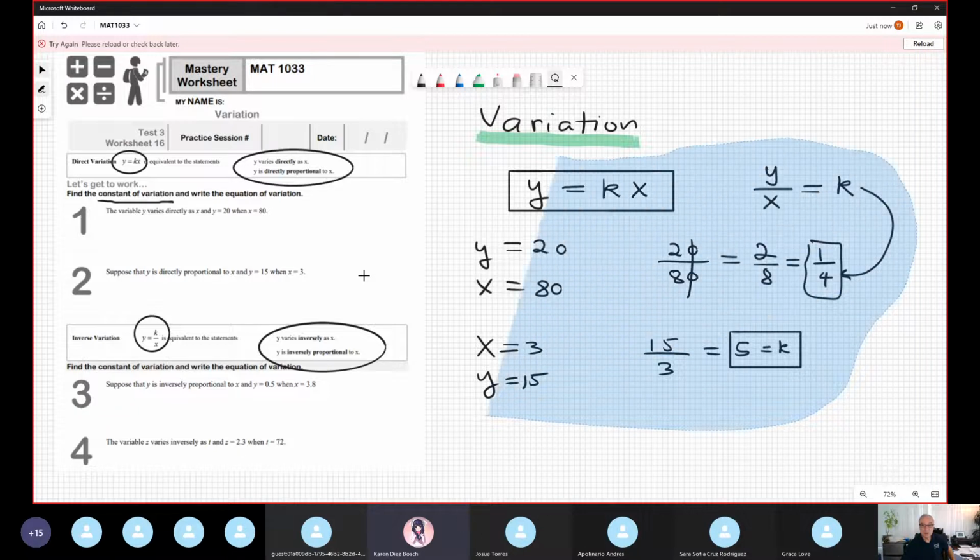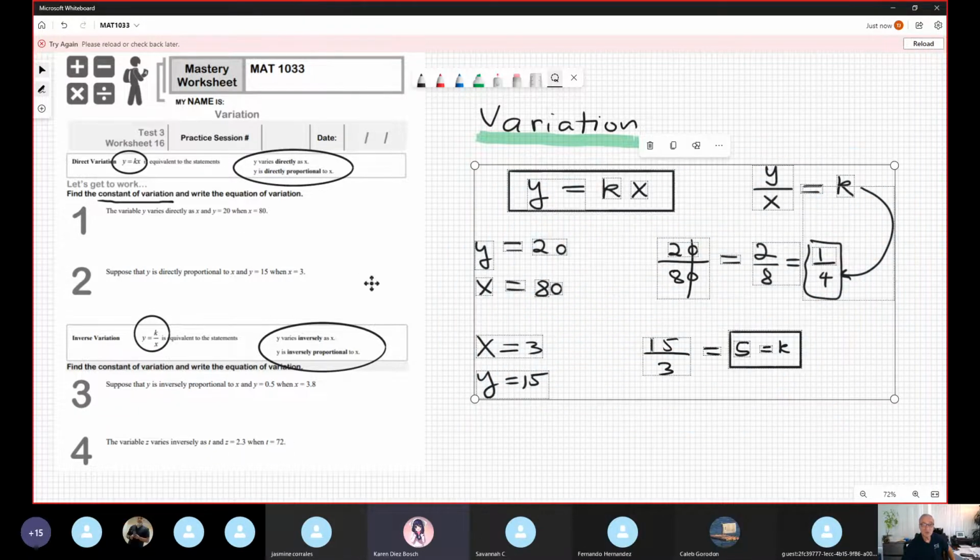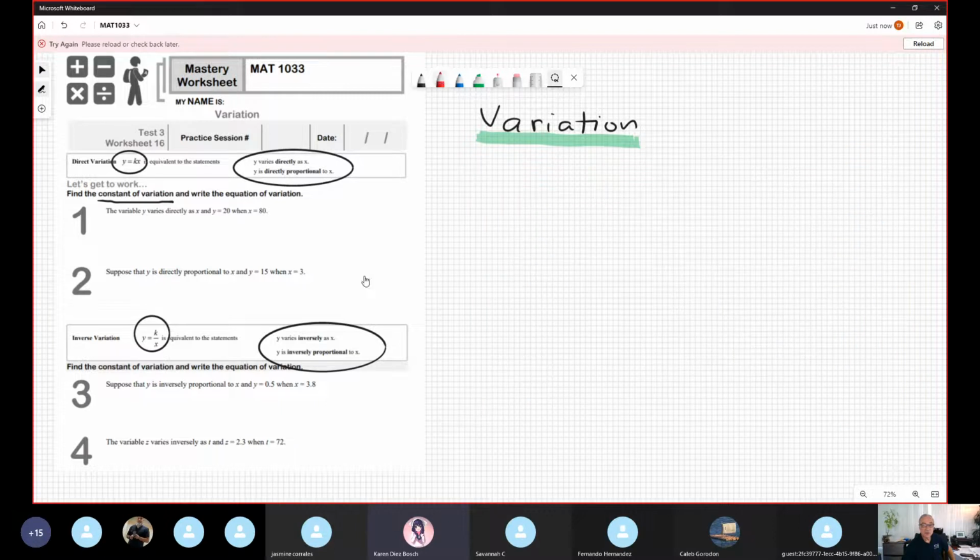It's not multiplication, it's division: y equals k over x. K is the constant of proportionality. It's inversely proportional when x increases, y decreases. This is the idea behind inversely proportional.